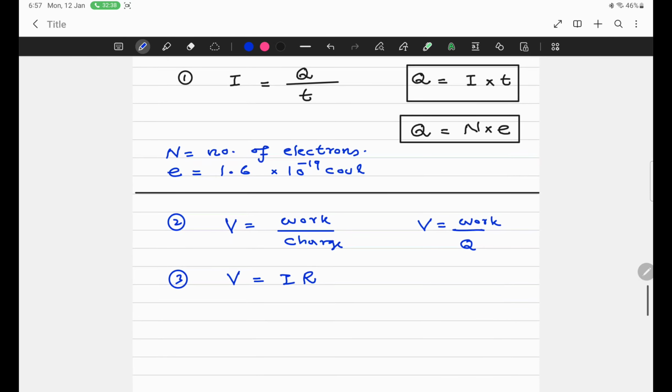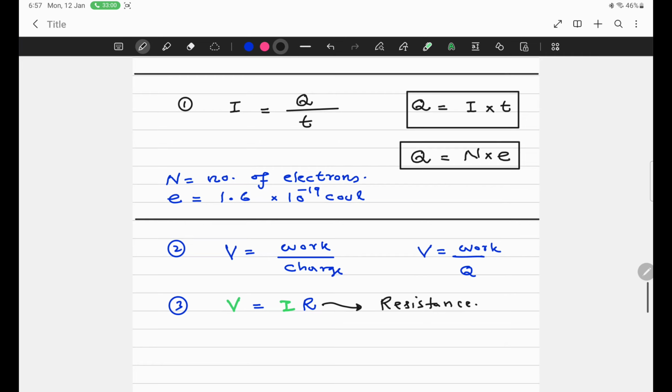V is the voltage, I is the current, and R is resistance, which we will study tomorrow. We haven't started the concept of resistance. We will discuss resistance tomorrow. So this is the summary of today's class.